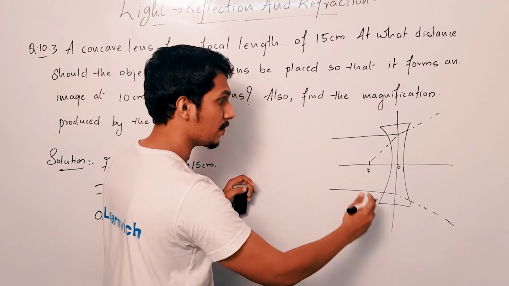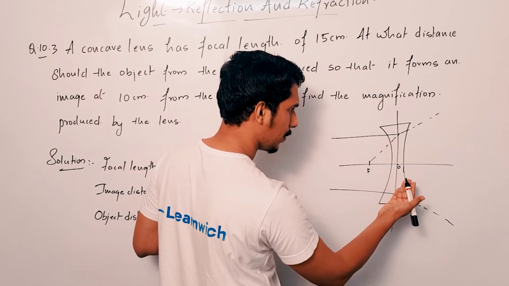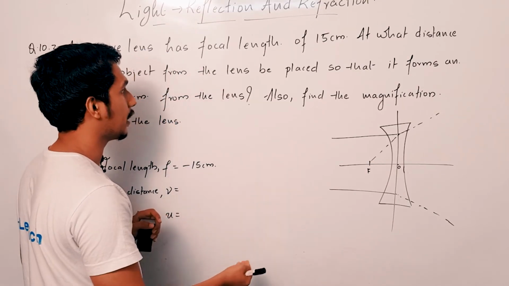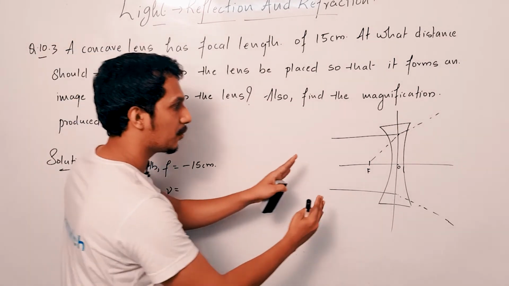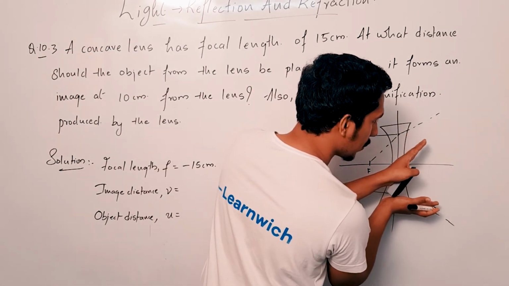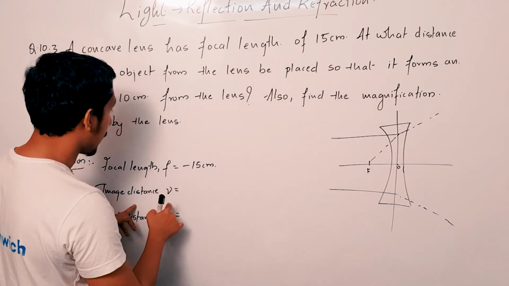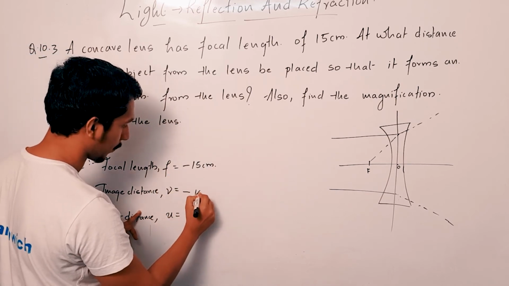The image formed in case of a concave lens will always be virtual, on the same side as the object. It will also be on the left side. So the image distance V is also 10 centimeter.